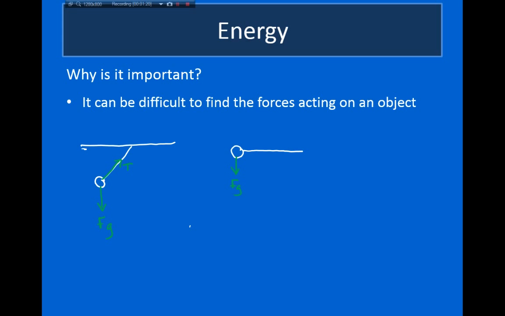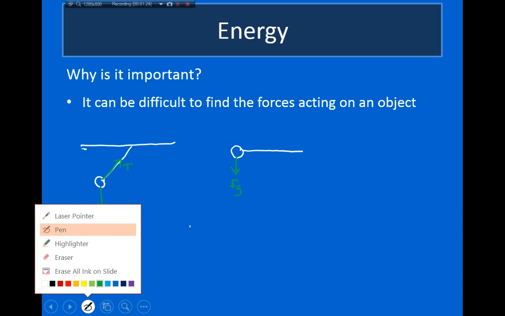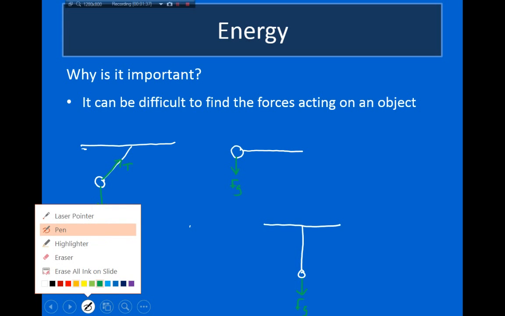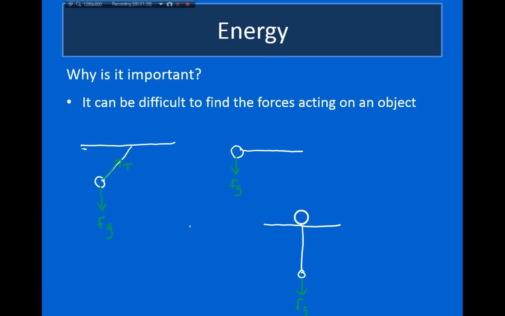However, when the mass reaches the bottom of its motion, the force due to gravity is going to point perpendicular to the direction of the motion. So when I'm down here, the force due to gravity points down, but the motion would point to the right. So if I swing down, when I'm at the bottom I'm moving now to the right, but my force due to gravity points down.